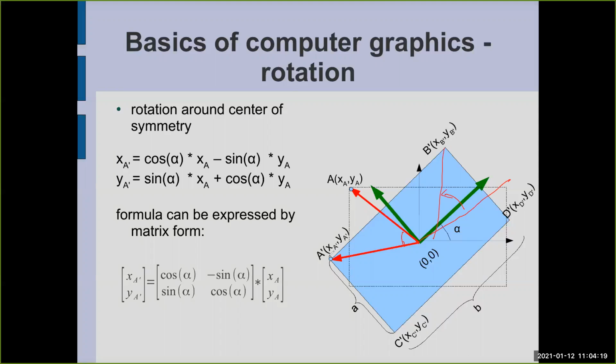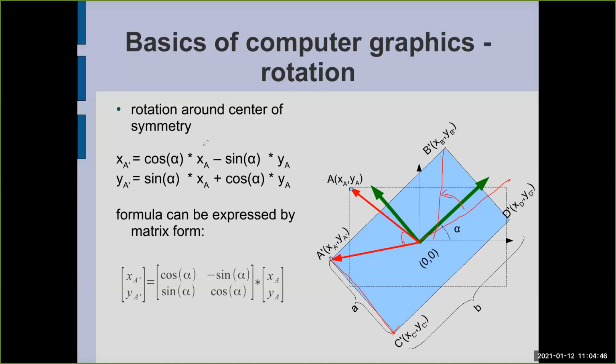So if I calculate a new position of every vertex, it's enough to connect them. And we get an object which was rotated. So it's enough to calculate it for a particular vertex and repeat it for other vertices.